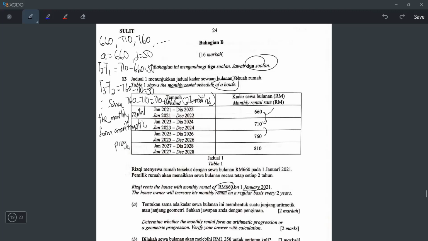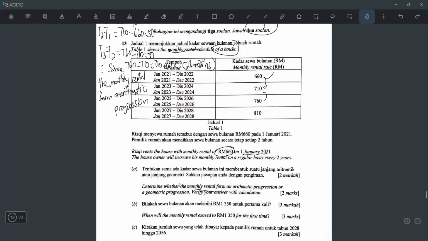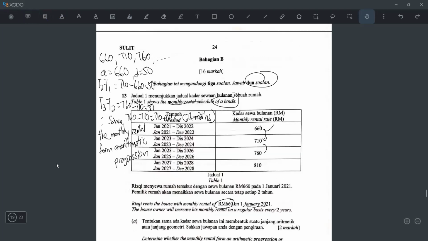Okay. By the way, I'm just copying how they ask, because they say determine whether the monthly rental form arithmetic progression or geometric. So yes, because the T2 minus T1 is same with T3 minus T2. So the monthly rental form an arithmetic progression. Okay. I just follow what they wrote here. Yeah. So only for 2 marks.